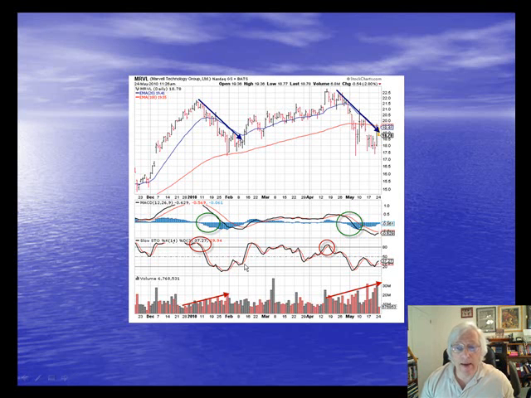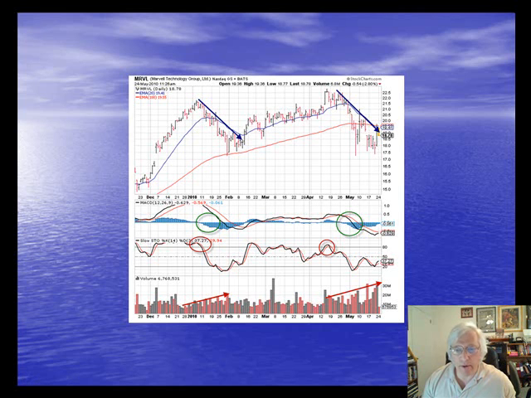Let's take a look at the MACD where we have the blue histogram bars. Where I drew the two green circles, it's showing a negative MACD divergence, MACD dropping below the zero line. Volume is confirming that. And finally, we take a look at the stochastic oscillator, which we see with the two red circles dropping below the 80th percentile, once again a bearish signal, and once again confirmed by that increase in volume.